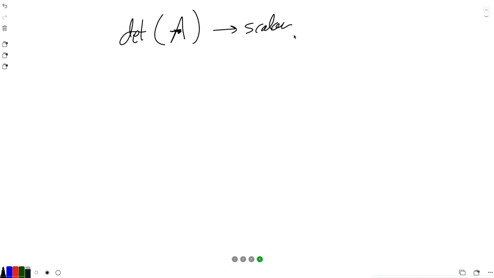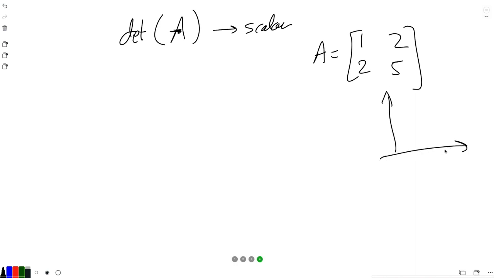Also, it represents the volume or the area of the space formed by matrix A. What does this mean? Let's say you have a matrix A which is 2 by 2, for example 1, 2 and 2, 5. Now this matrix can be represented in two dimensions, and the determinant of A will be the area of the parallelogram represented by this form.